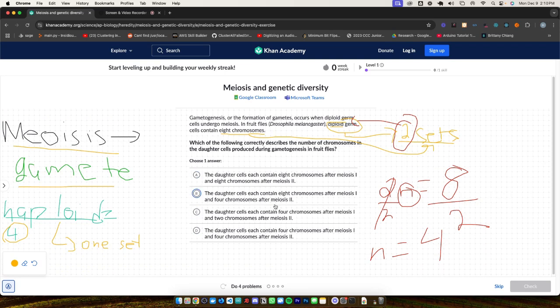So it becomes 4 chromosomes during meiosis one, and then it remains 4 chromosomes throughout the duration of the gamete life, right?